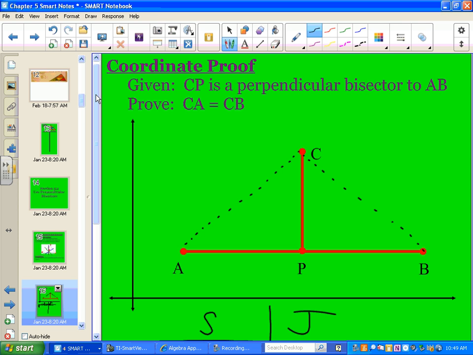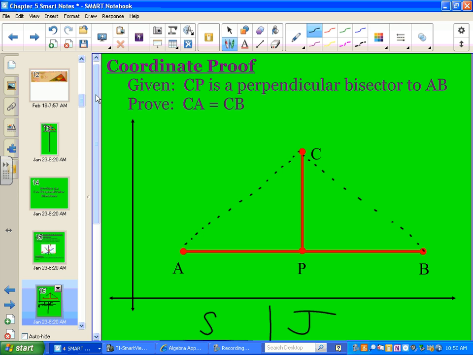So looking at this. Looking at the given, what can you tell me? What's the next step? Keegan. All right, never minding everything there. Christina. Okay.